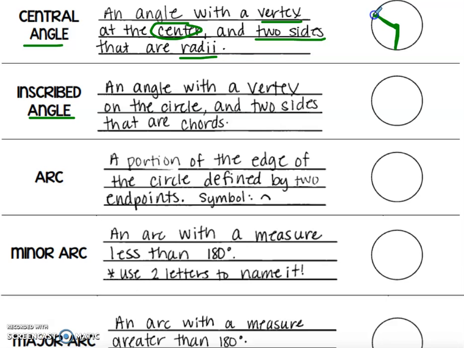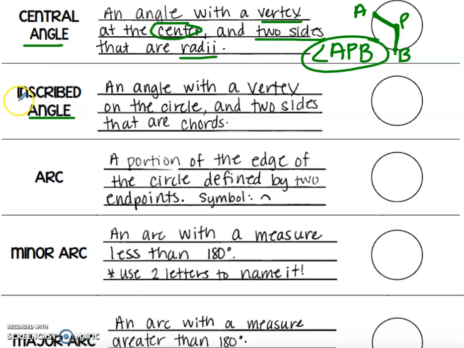So here is going to be your central angle. And so for angles, we need three letters. And so I'm going to put an A out here, P in the center, and then a B. So if I'm naming this, I would put angle symbol and then A, P, B. Now you could flip it and say angle P, B, A, totally up to you.